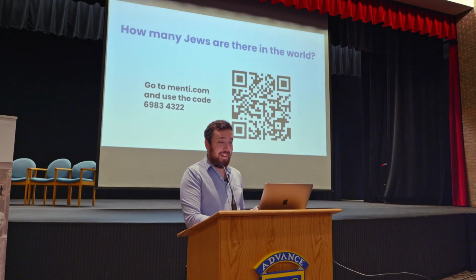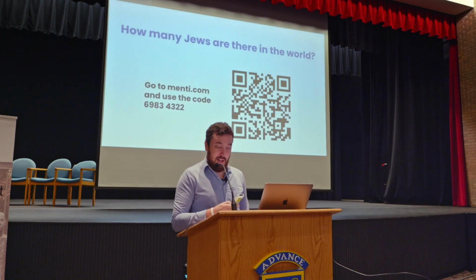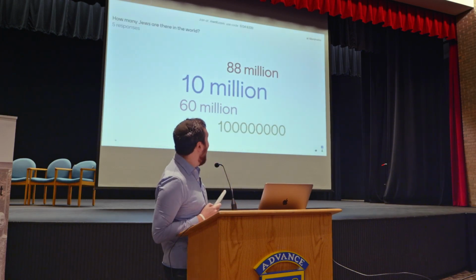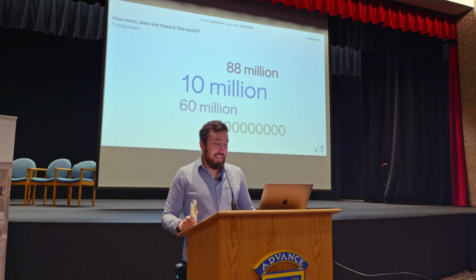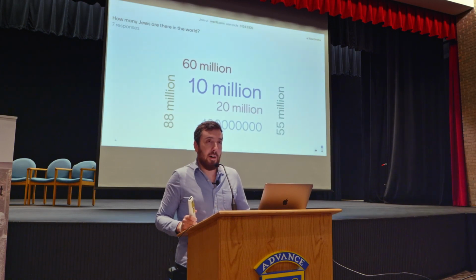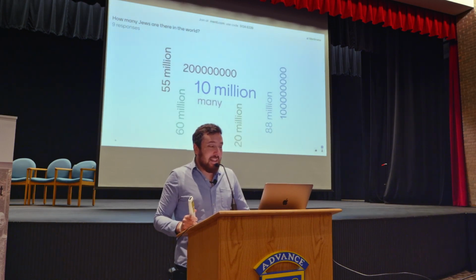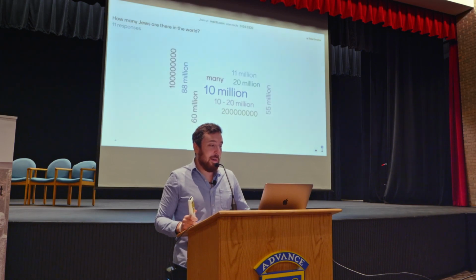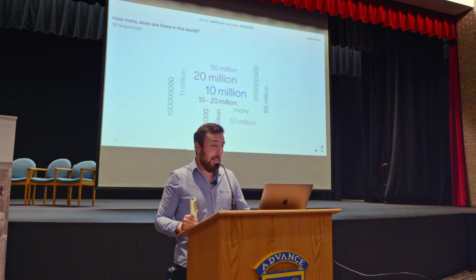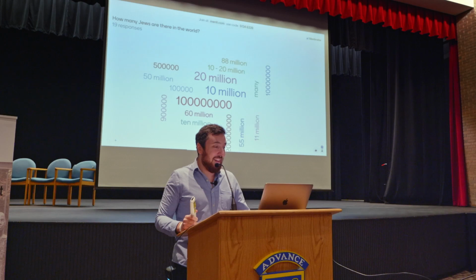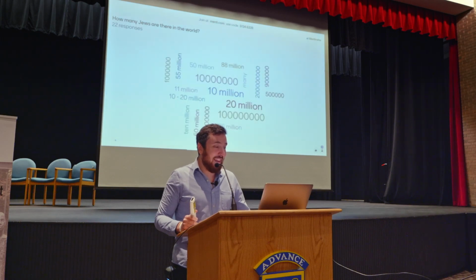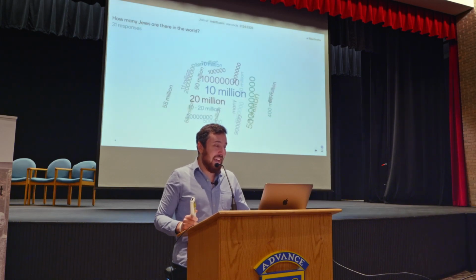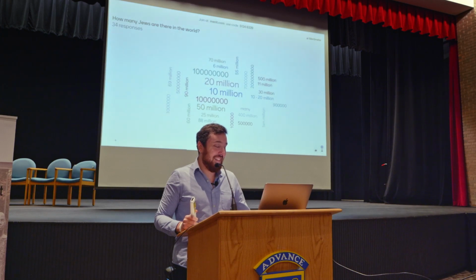Okay, so in real time we're going to see what your responses are. They're coming in hot right now. Let's see. That's a lot of zeros at the bottom, it's hard to count. 60 million, that looks like 200 million, 20 million, 88 million, 100 million, lots of guesses. We'll let them come in.